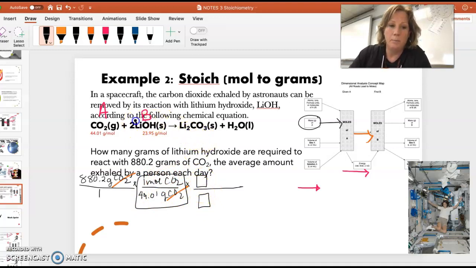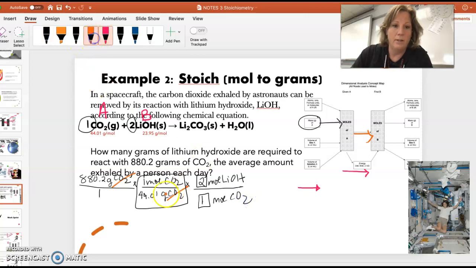Now I'm going to put my 2, because I want to convert to lithium hydroxide, so 2 moles of lithium hydroxide, and then there's an implied 1 there, for every 1 mole of carbon dioxide. So you can see the moles of CO2 cancel. I'm at moles of lithium hydroxide, but now I've got to keep going.